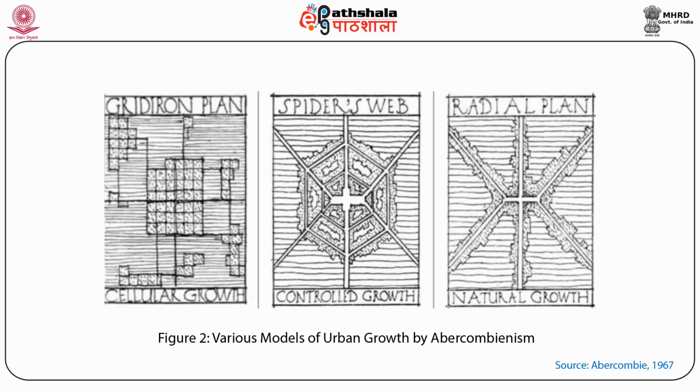On the other hand, radial growth of the city takes two forms, one through natural growth and another through a controlled and planned growth, which is termed as spider's web. Thus, in the original models of growth of the city, the spider web model was more accepted due to its better connectivity and land use as compared to other models.